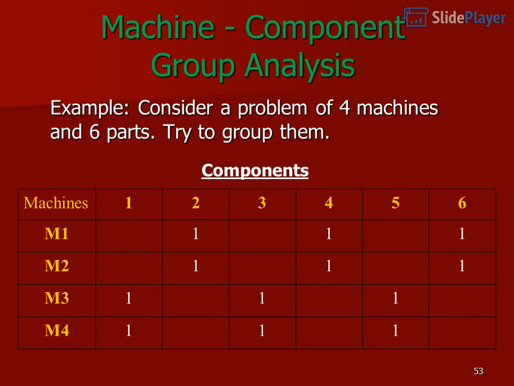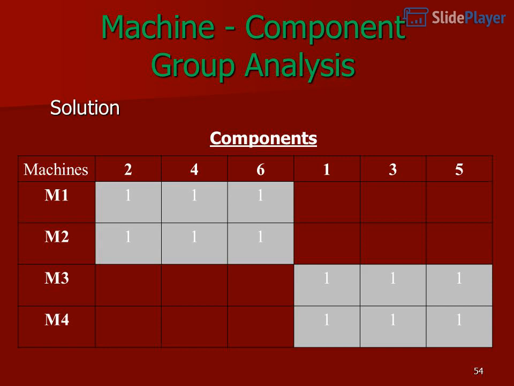Example: consider a problem of 4 machines and 6 parts. Try to group them. Components 1 through 6, machines M1, M2, M3, M4.